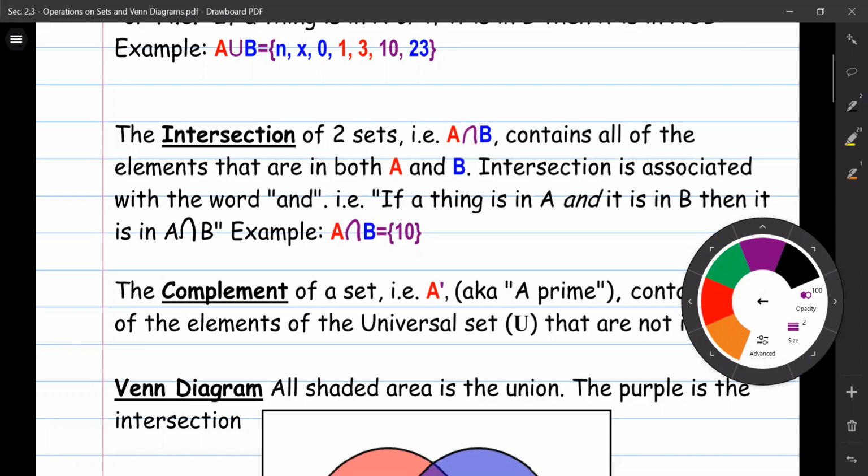So the intersection is basically the overlap, whatever's in both. That's often associated with the word and. So if something is in A and it's also in B, then it's in the intersection. So using that same example, the intersection only contains the number 10 because that's the only thing they had in common.